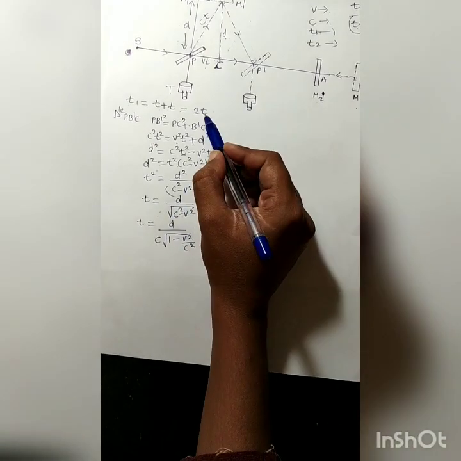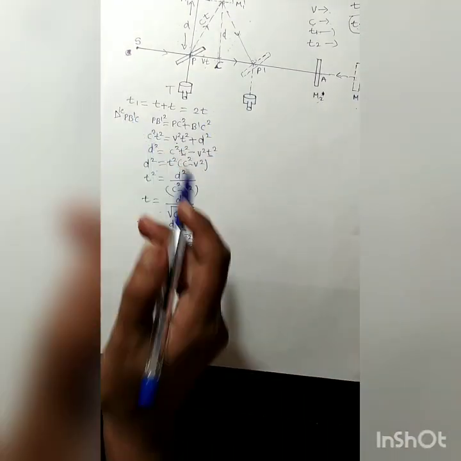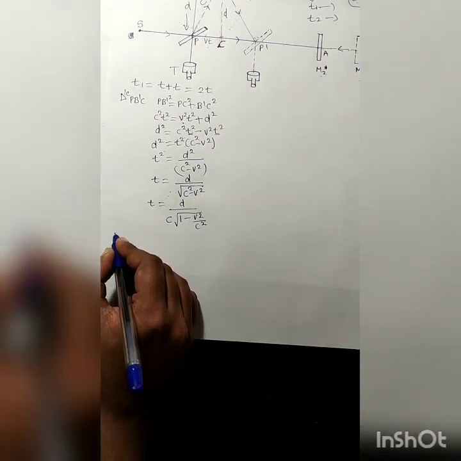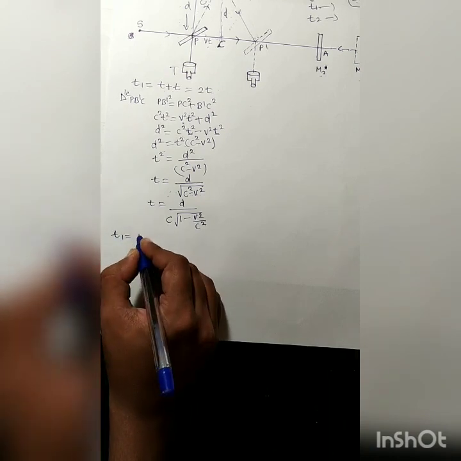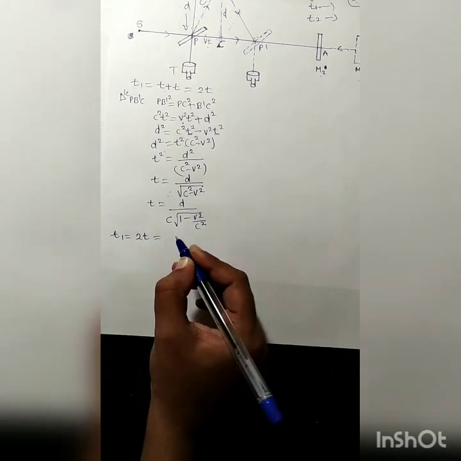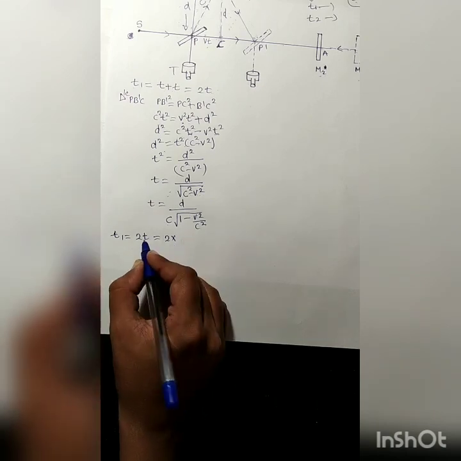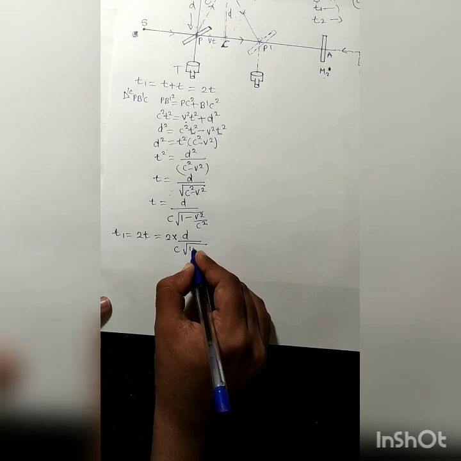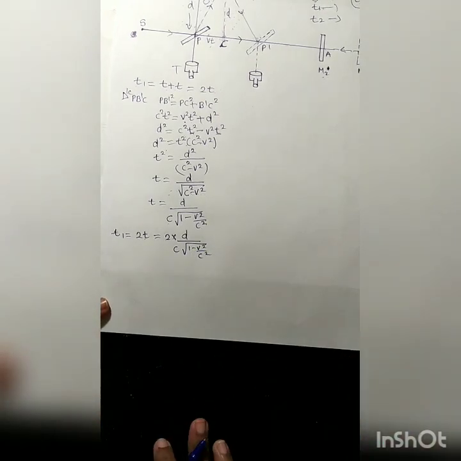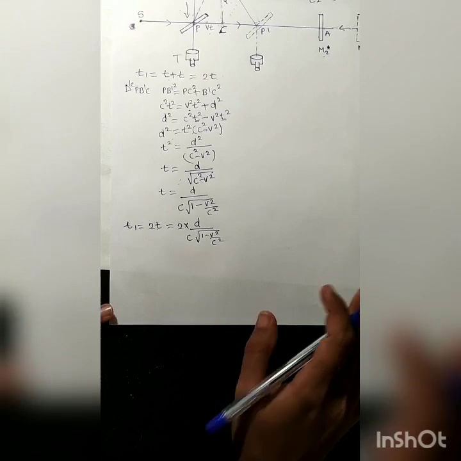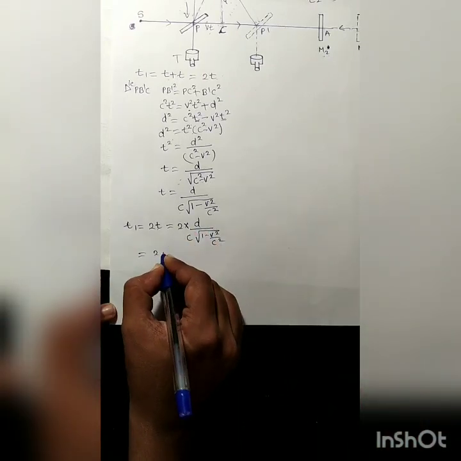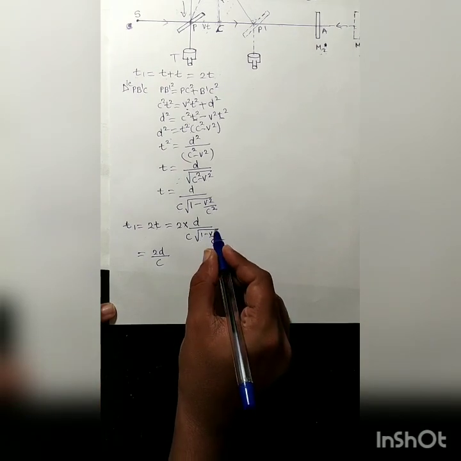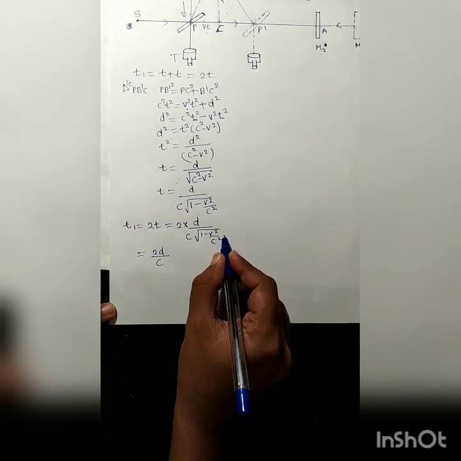So let's substitute in the equation to get the t1 value. T1 is equal to 2 into t, which is equal to 2 into, what is the t value? d divided by c into the square root of 1 minus v square divided by c square. You got the value, which is equal to 2d divided by c. I will write it as it is, 1 minus v square divided by c square raised to 1 by 2.